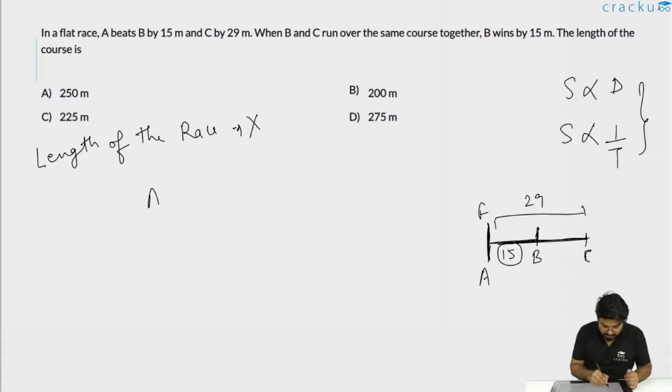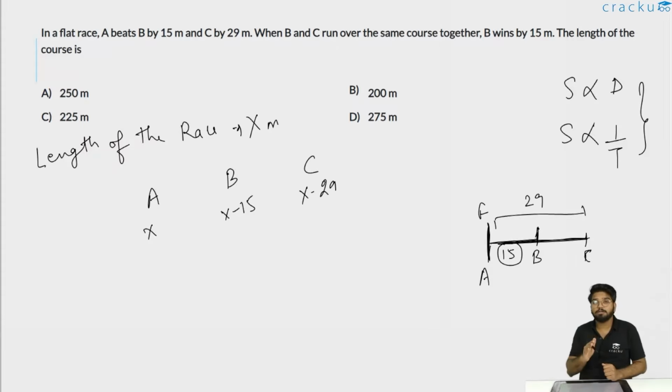So when A covered the complete race, that is x meter, B covered only x minus 15 meter, because he is just 15 meters behind the finishing line. Similarly, C covered x minus 29 meter, because C is also 29 meters behind the finishing line.